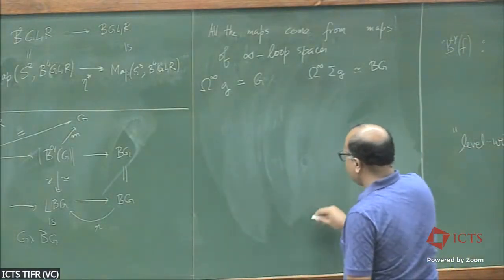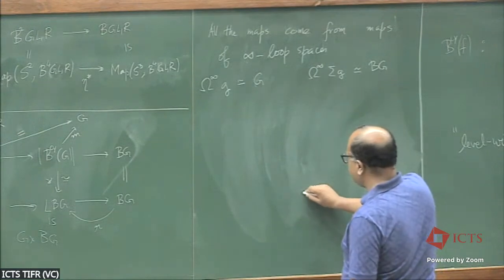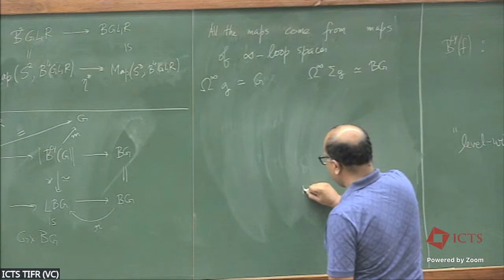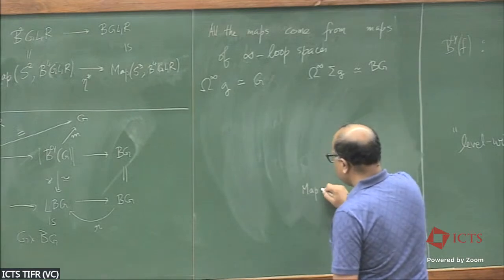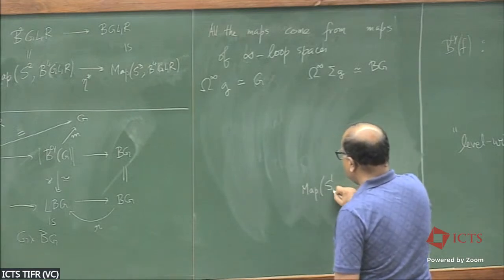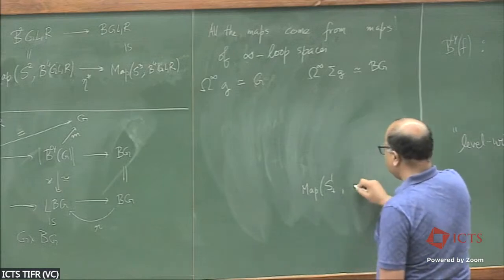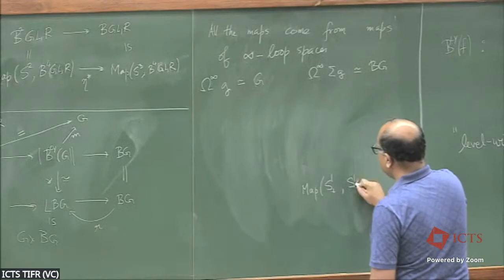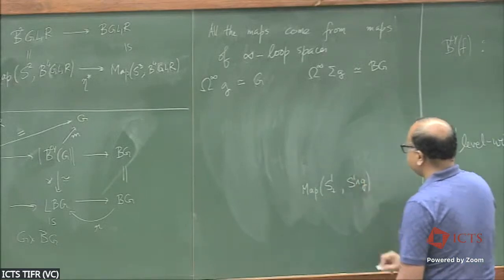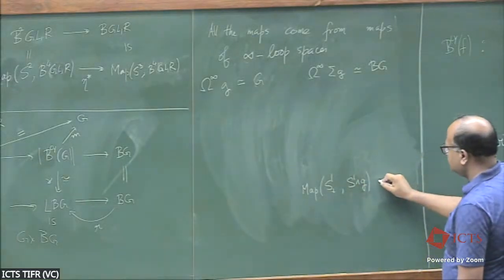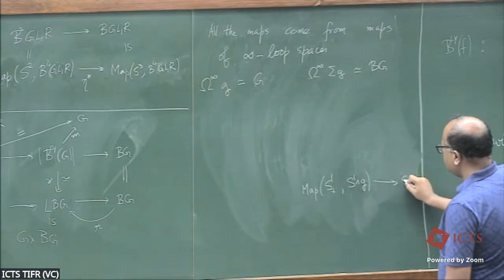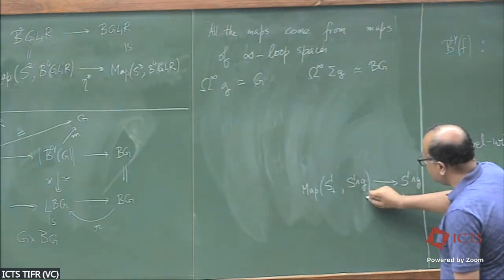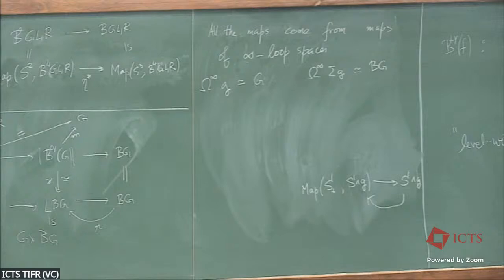The one on the bottom you can think of as maps S1 plus, suspension of, or write it as S1 smash G. This is S1 smash G, or the suspension of G, and you have this constant map.